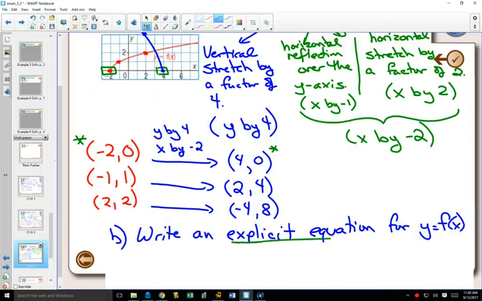I've used explicit equation a couple of times today. What does an explicit equation mean? That is an equation that just has y and x, no function notation.